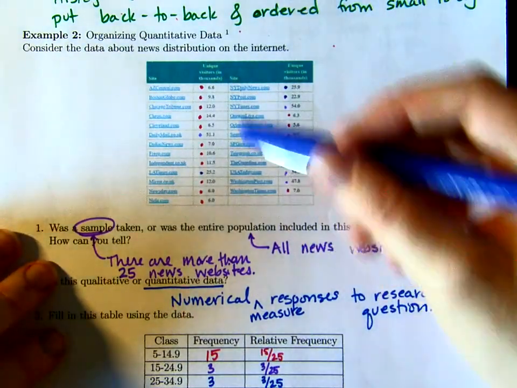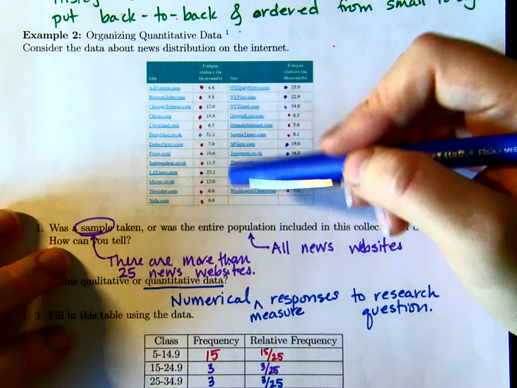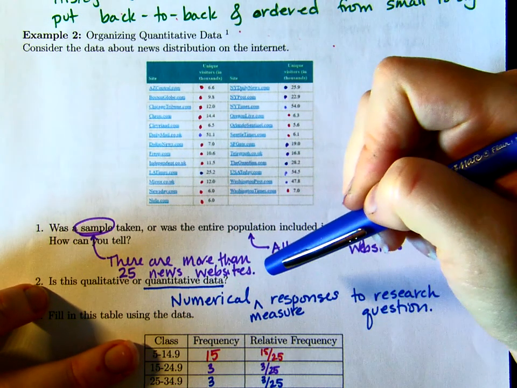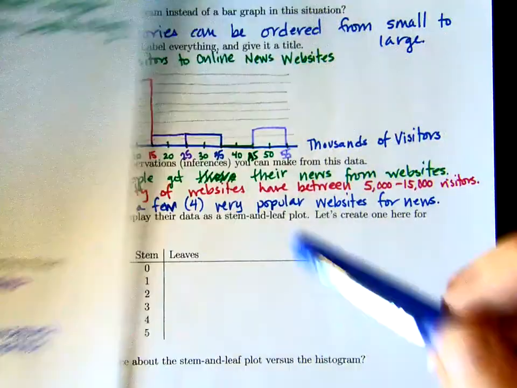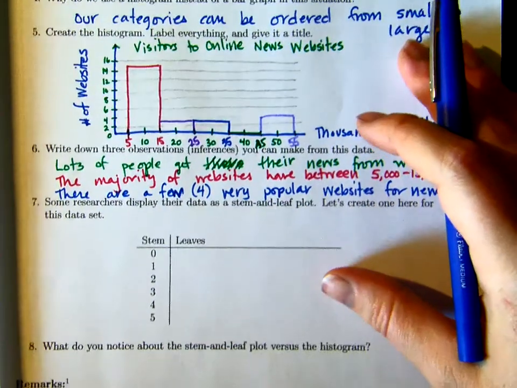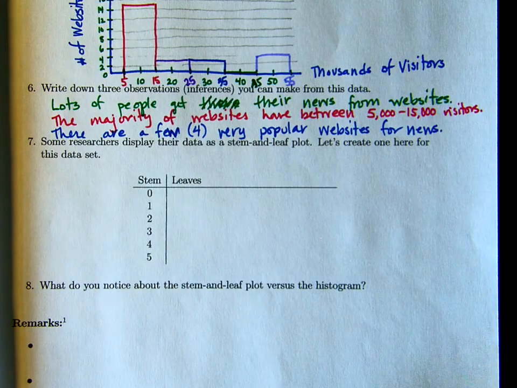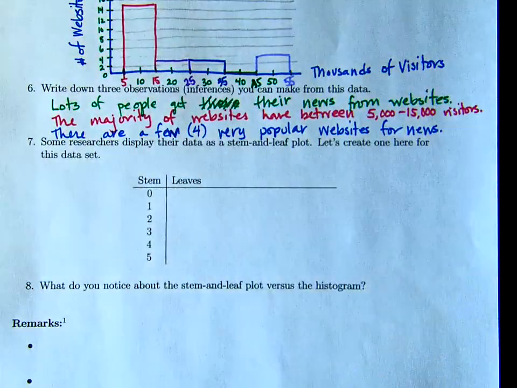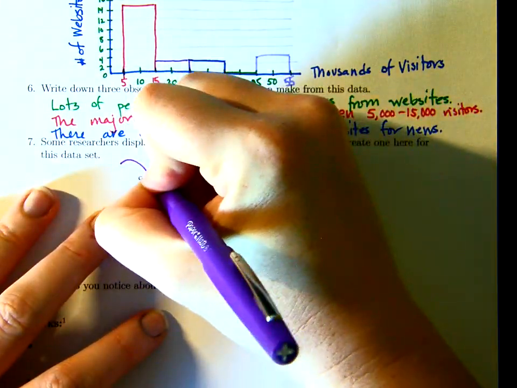And if we look back at the data, there are some in the range from 0 to 10, some from 10 to 20, some from 20 to 30, some from 30 to 40, etc. So these are actually just the tens of thousands. So the stem here is really representing tens of thousands of visitors. I'm going to write that down.